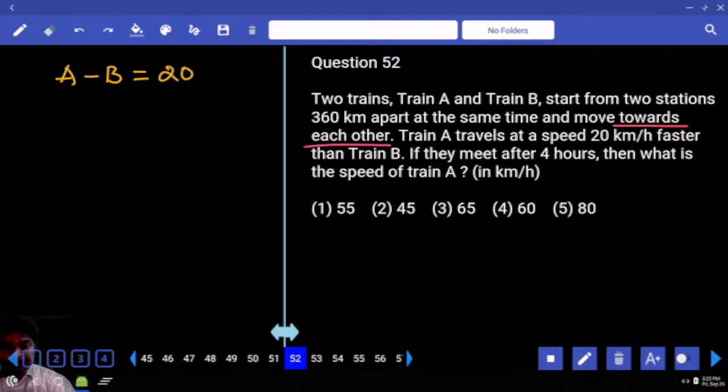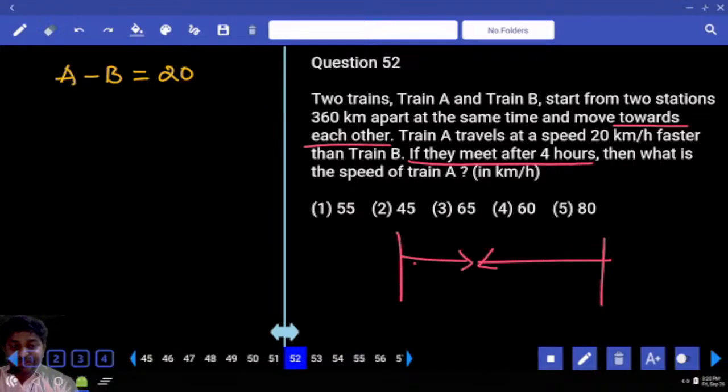Be careful. If they meet after 4 hours, when they are moving in opposite direction, and there is a distance of 360 kilometers, the speed will be A plus B. They are moving in opposite direction, relative speed S1 plus S2. That will be A plus B.